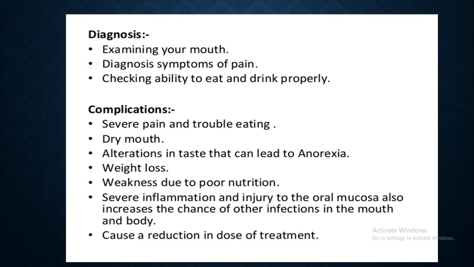Complications include severe pain and trouble eating, dry mouth, alterations in taste that lead to anorexia, weight loss, weakness due to poor nutrition, severe inflammation and injury to the oral mucosa, and then reduction in the dose of treatment.